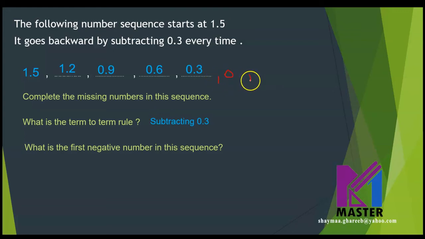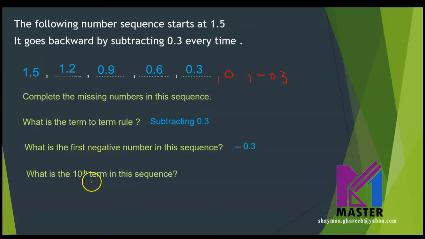Then when you subtract 0.3 from 0, or when you go back 3/10 starting from 0, you will get negative 0.3. Why? Negative 0.1, negative 0.2, and then negative 0.3. Okay? Is this clear?